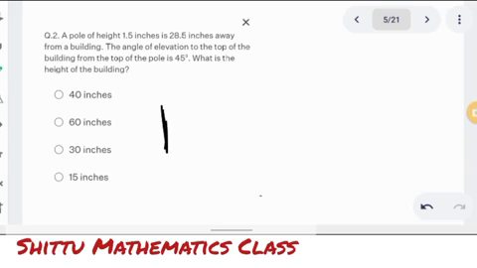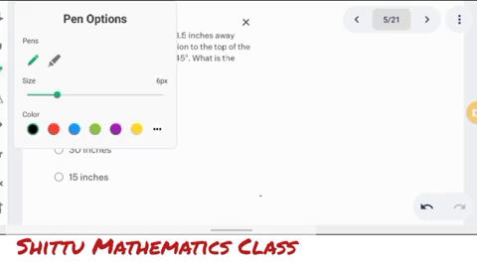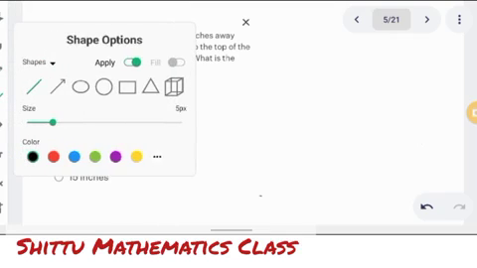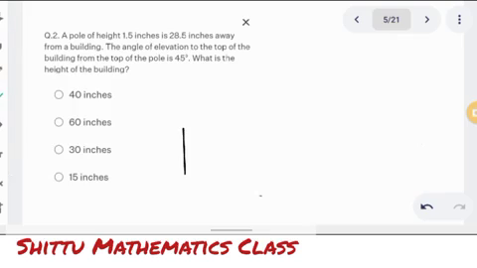I have this straight line, that is the pole, and a pole of height 1.5. Also the building, let's say this is the building here, but they said inches, so put inches here.